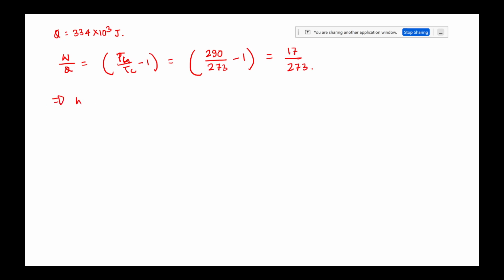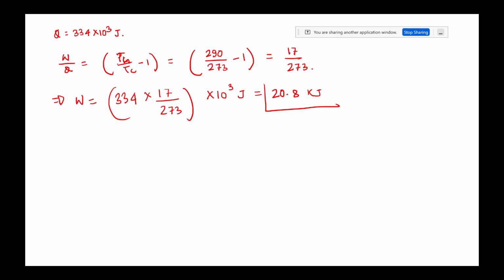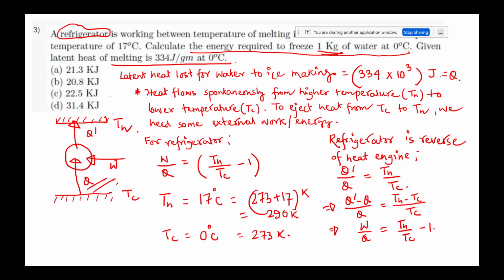So W is 334 times 17 by 273 into 10 to the power 3 joule, and that comes out to be 20.8 kilo. So Renuka, you are absolutely right. This is 20.8 kilo.